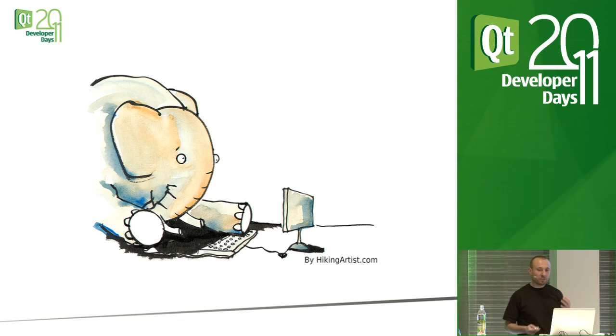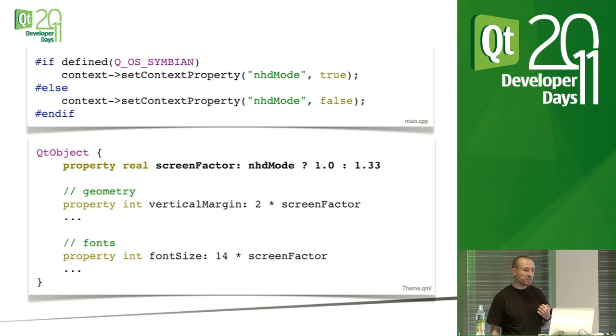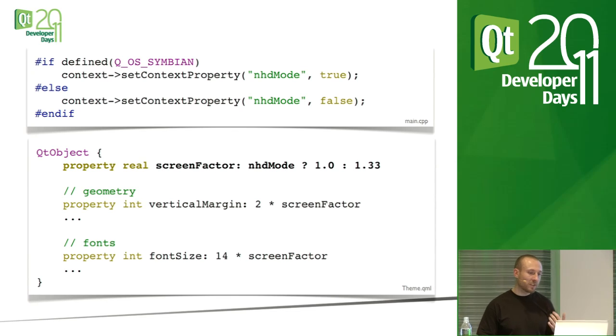So I can show you some actual code that we are using, and this is from the Other app again. We have, in this case, just decided to ignore the E6 and say that, okay, well, fine, it will look strange and be difficult to use. But to accommodate for at least the NHD devices, most of the Symbian 3 devices and the MeeGo devices, we do this.